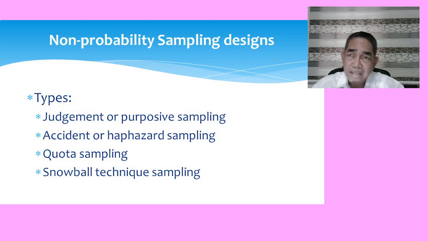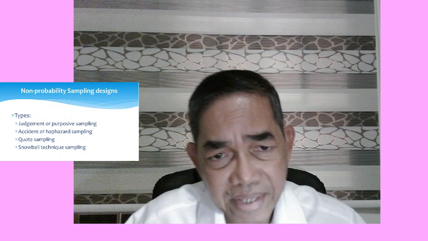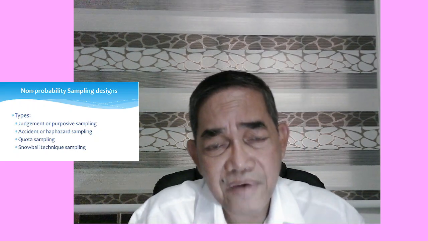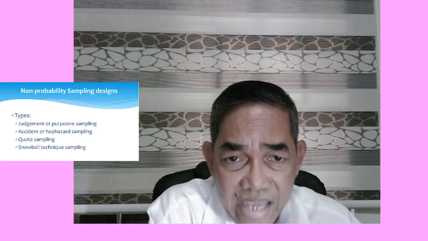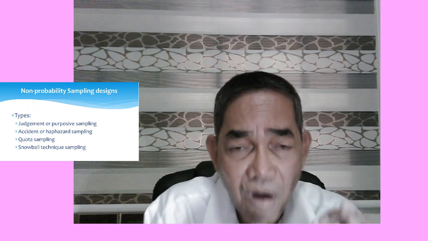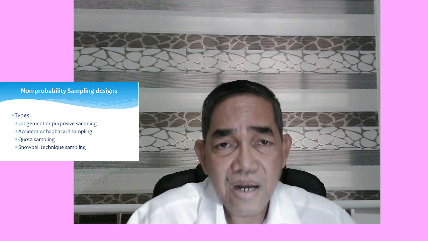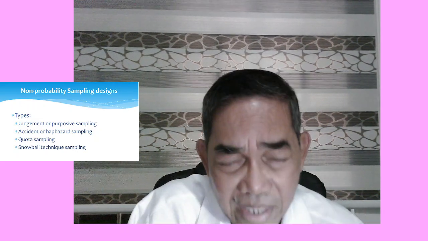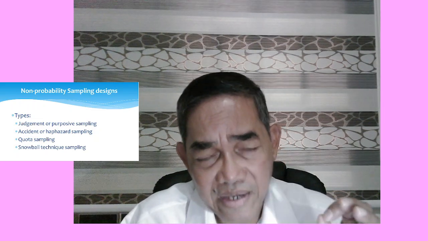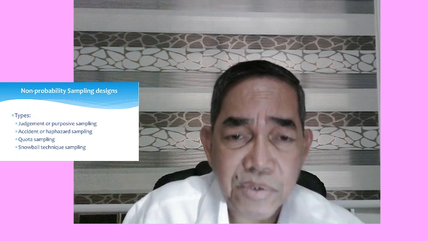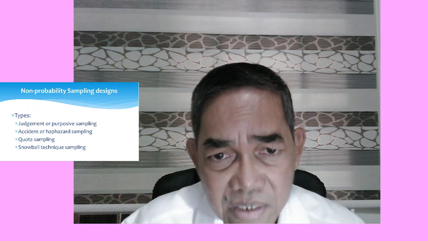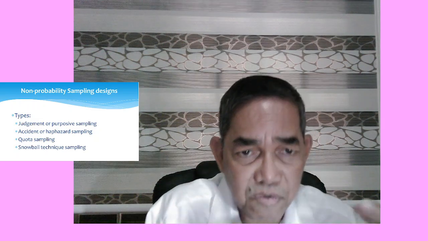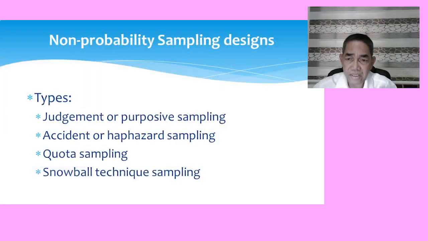So my target population are people who have DM, diabetes mellitus. Now, if I get my sample in a diabetic clinic, my criterion for selecting the samples are people coming into that diabetic clinic. So that becomes a purposive or judgment sampling methodology. There is a set of criteria for me to be able to select the sample.